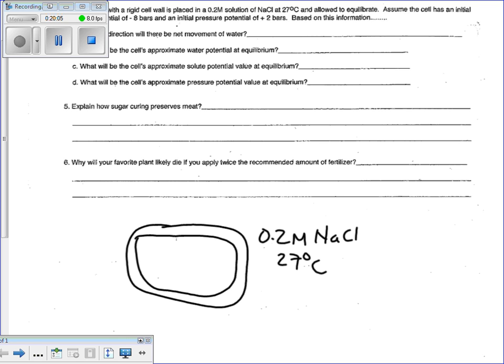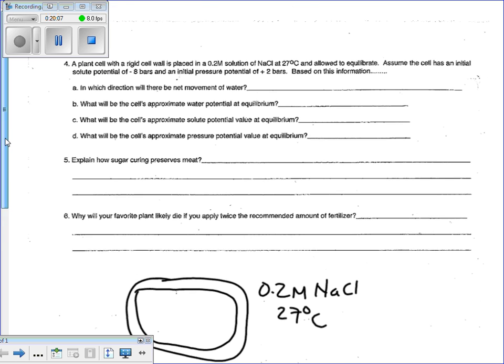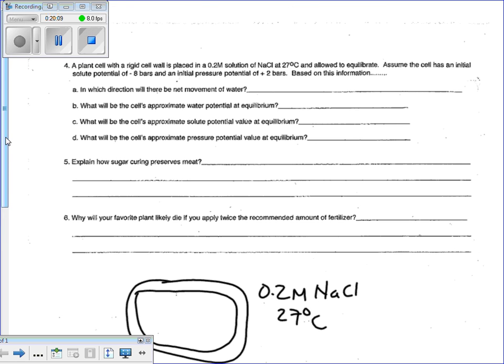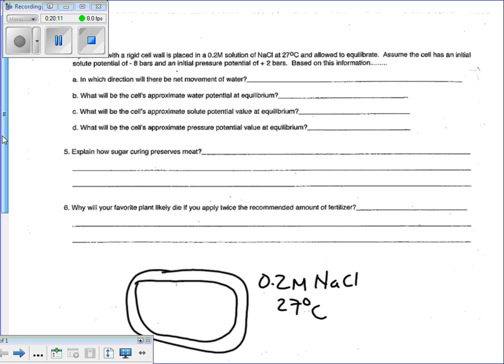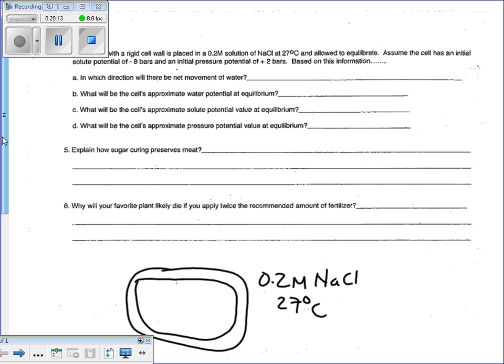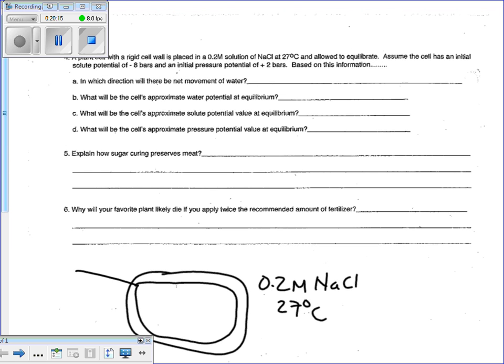It's allowed to equilibrate. Assume the cell has an initial solute potential of negative 8 bars and an initial pressure potential of plus 2 bars. So pressure was plus 2, solute was negative 8. Its overall water potential is going to be negative 6. So this right now has a water potential of negative 6.